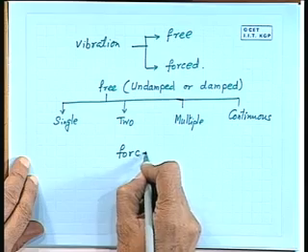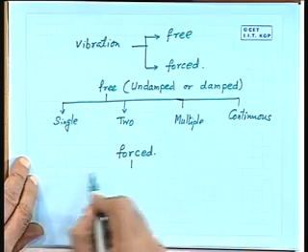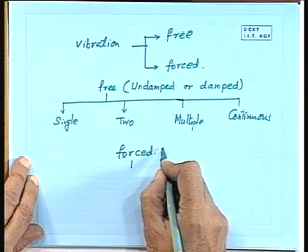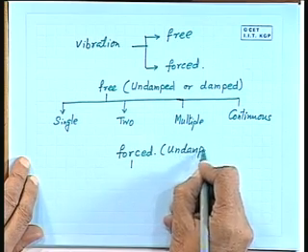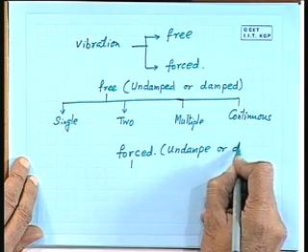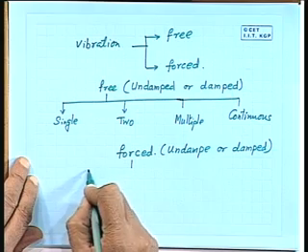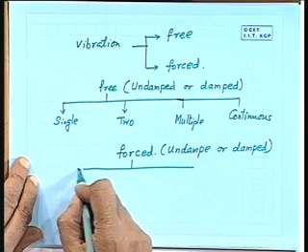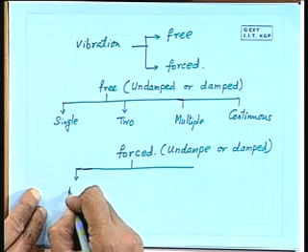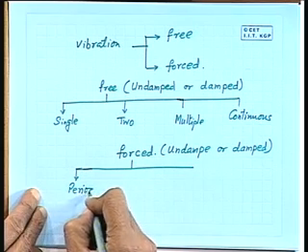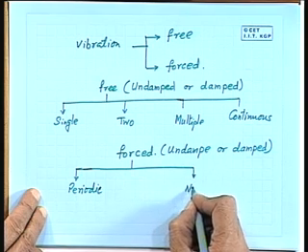Then forced. When you consider the forced condition, it can be again undamped and damped. But the forces can be, one we say is a periodic force and another we say is non-periodic.